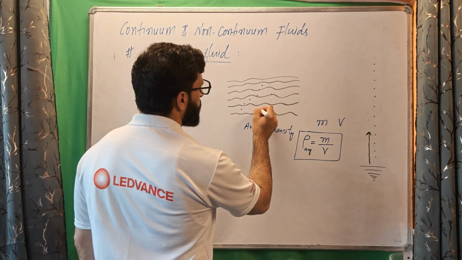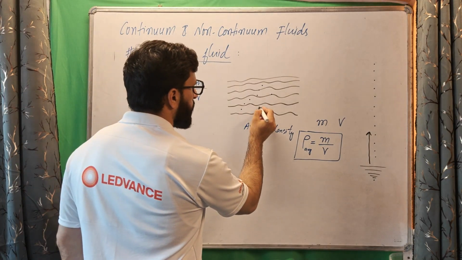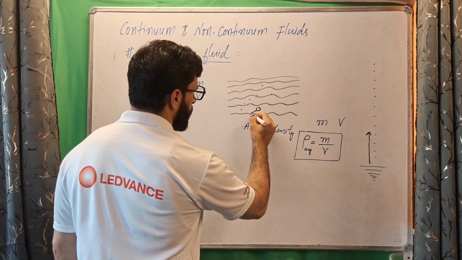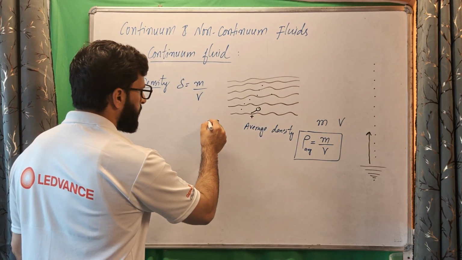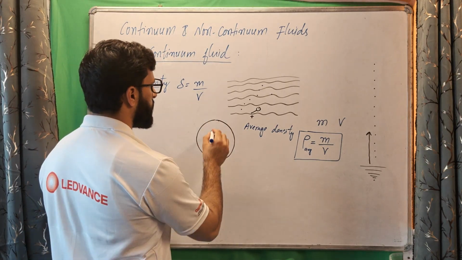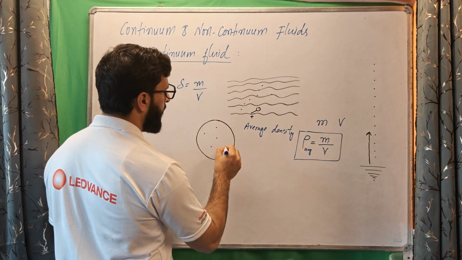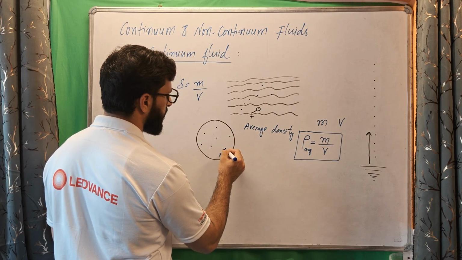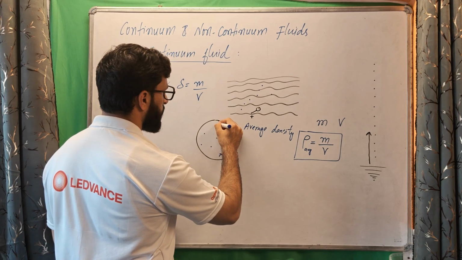Suppose this is the point at which we want to find the density. What we'll do is zoom it in. Now when we zoom in, we'll see this portion. Inside there will be fluid particles moving randomly. One will be moving in this direction, another in this direction, another in this direction.